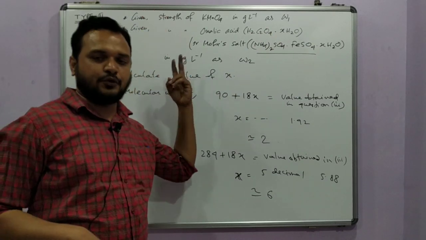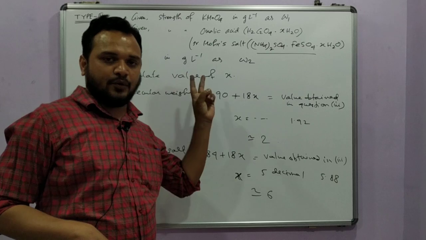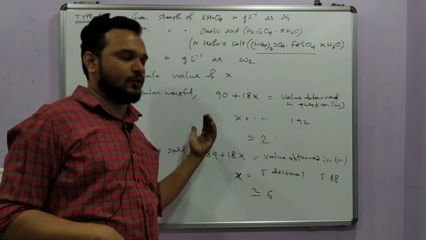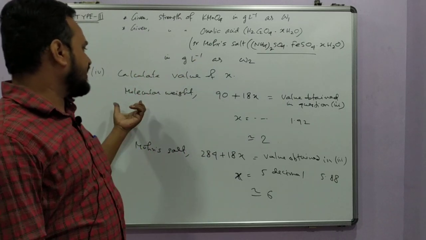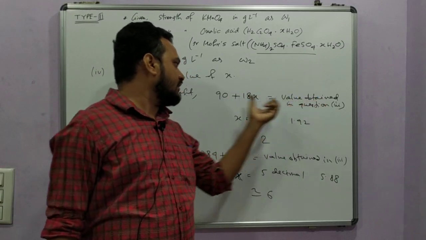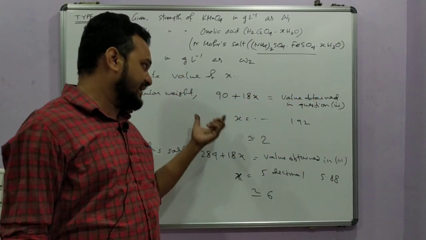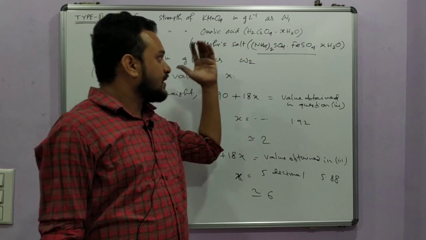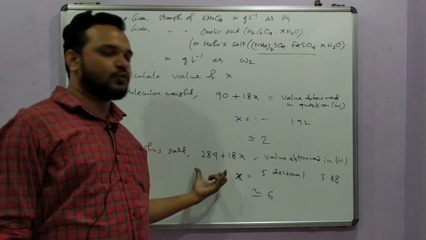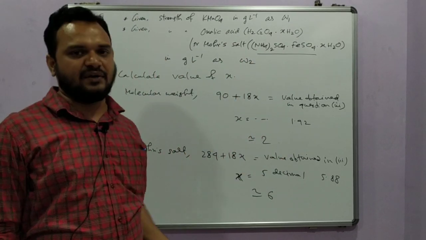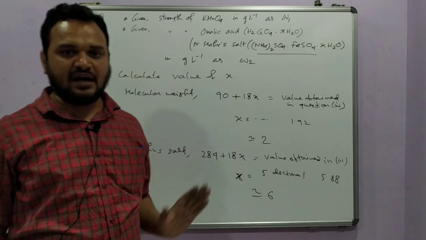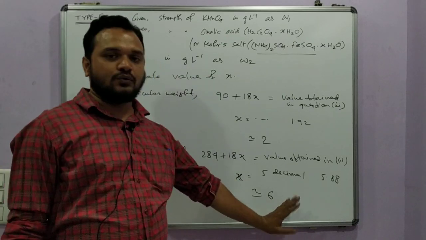You have obtained two values, gram per liter and molarity. Just take the ratio gram per liter by molarity, you get the molecular weight. And now if it is oxalic acid, compare that molecular weight with 90 plus 18X. And if it is Mohr's salt, that value equals 284 plus 18X, you will get the value of X.